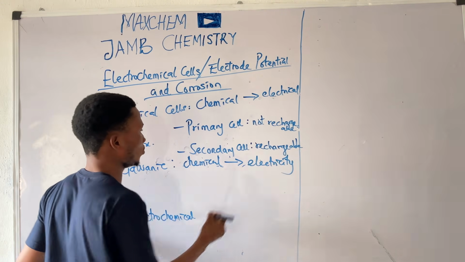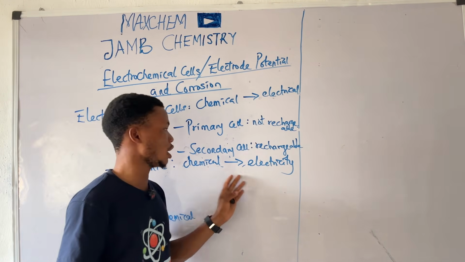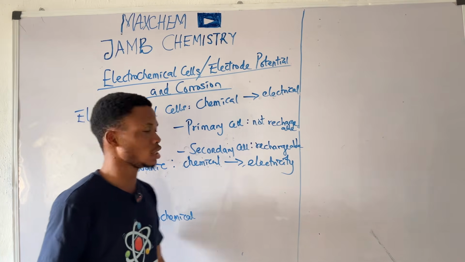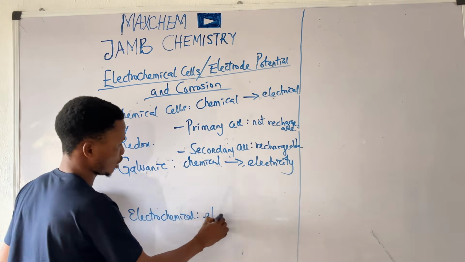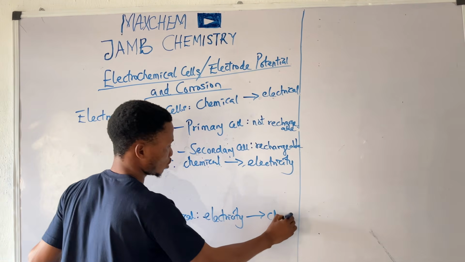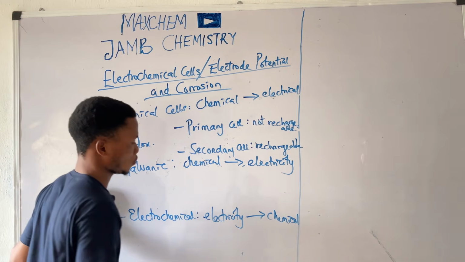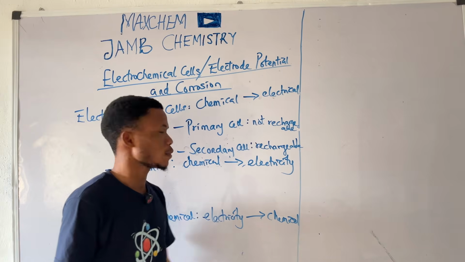So a cell or battery that converts chemical reactions to electricity is galvanic, while electrolytic will convert electricity to chemical reaction, or electrical energy to chemical energy.